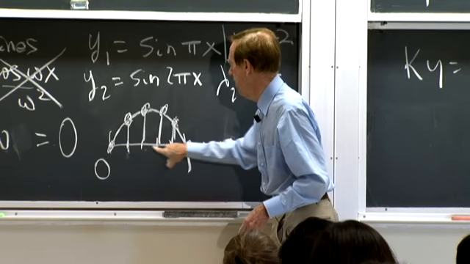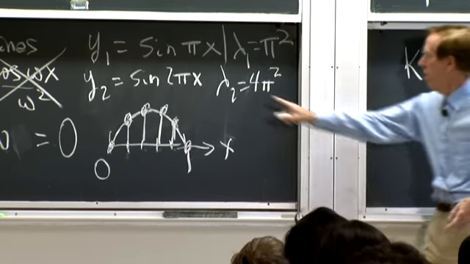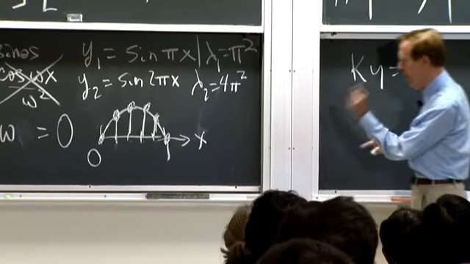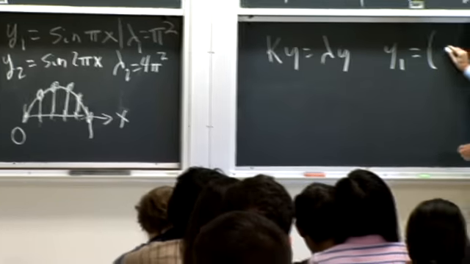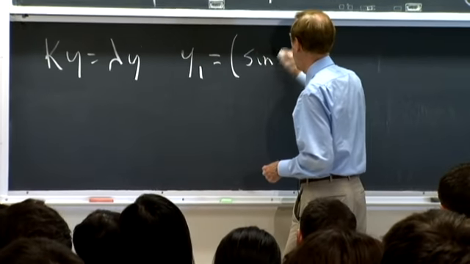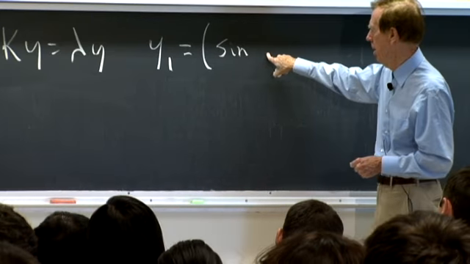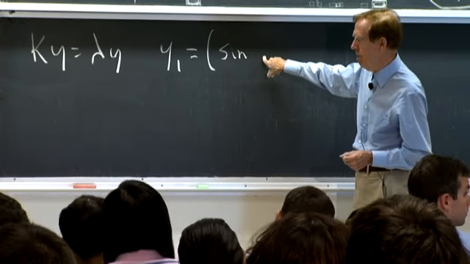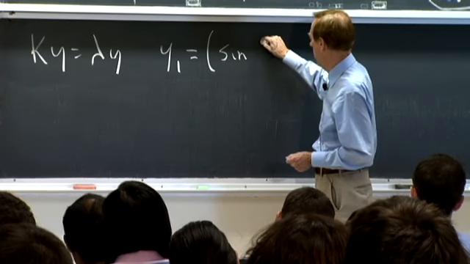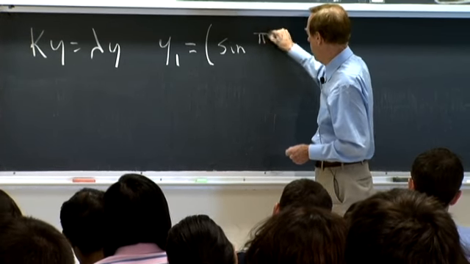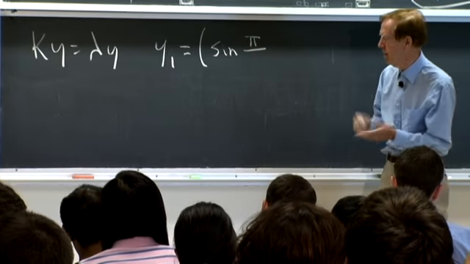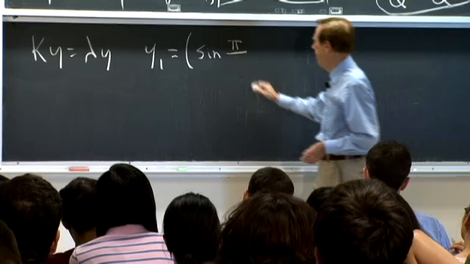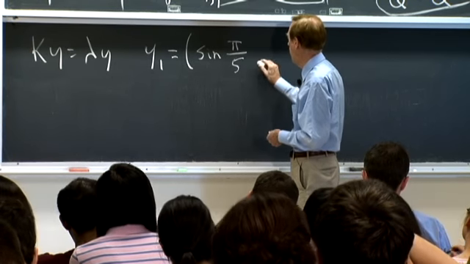So what's x there, there, and there? Instead of sine pi x, the whole curve, I'm picking out those 4 samples. So it'll be the sine of pi divided by n plus 1, which in my picture would be, we'll make it completely explicit, 5. It's 1/5 the way along.